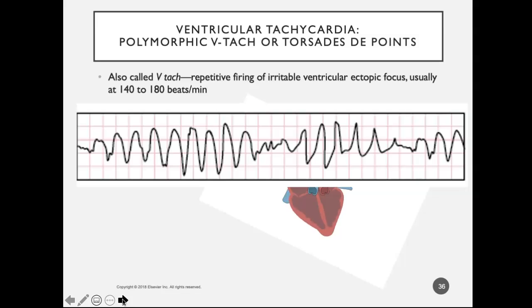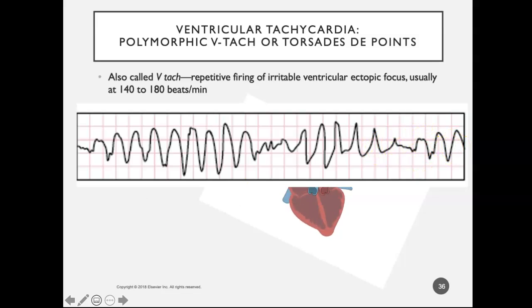This is also considered a ventricular tachycardia. It will not be on your test, but I would not be surprised if you saw it somewhere in the NCLEX exam. This is called polymorphic V-tach, or the other term for it is torsades de pointes, and it's French for twisted points. If you look at the rhythm, it almost looks like a ribbon that you twisted. It gets wider and then goes back to narrow, and then gets wider and then goes back to narrow.